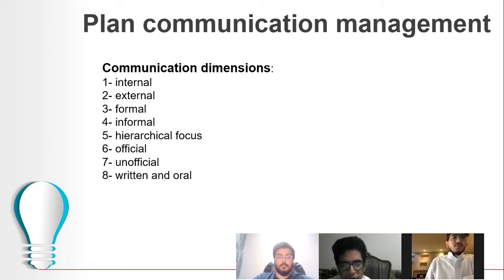There is also the informal communication dimension, which is general communication activities using emails, social media, websites, and informal discussions.